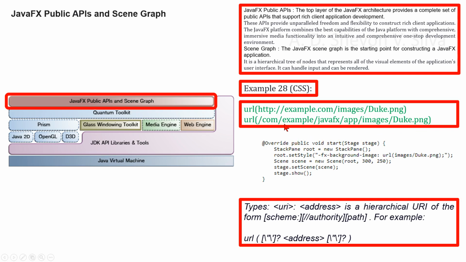If the address does not have a scheme component, the address is considered to be the path component only. The leading / character indicates that the path is relative to the root of the class path. If the URL appears in a style sheet and has no leading / character, the path is relative to the base URI of the style sheet.